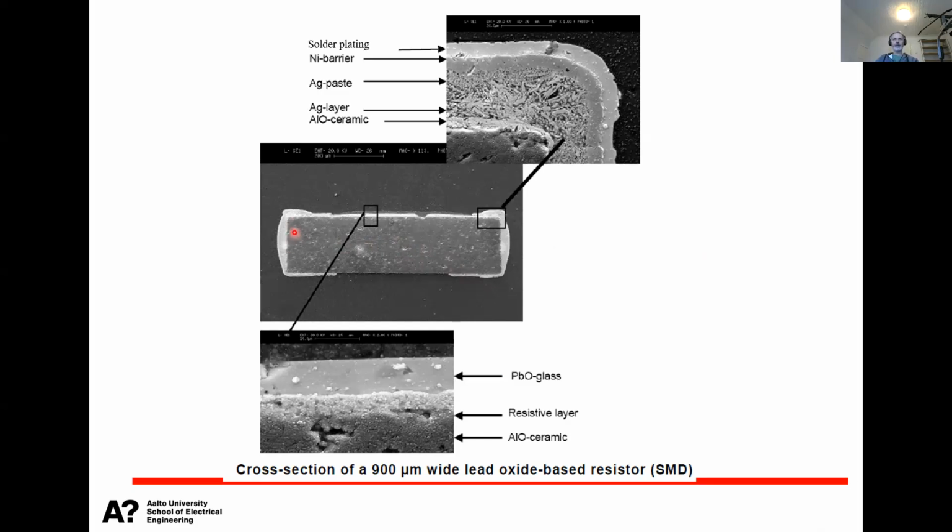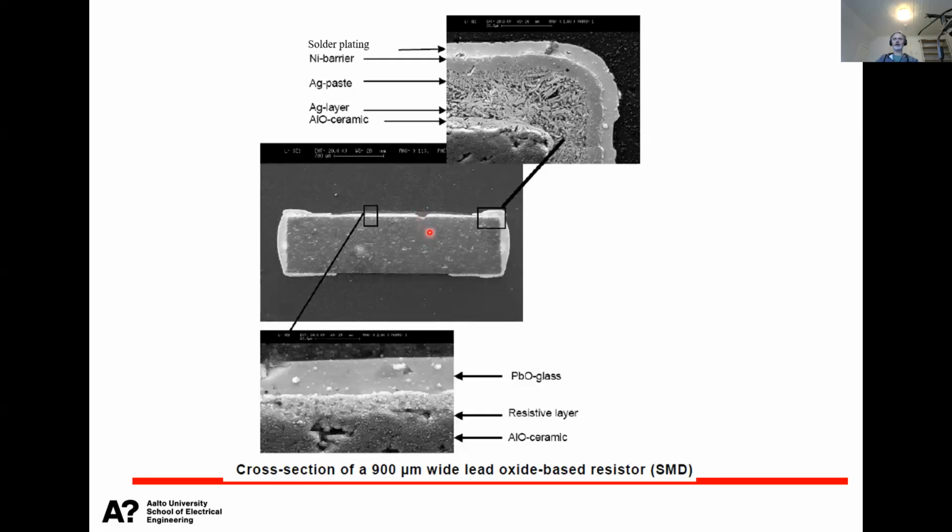And on top of that, the actual resistive layer has been manufactured. This could be thin film, so something like evaporation or sputtering, or thick film like the screen printing method. And you can see here this small groove, and that is not a defect. It is because of laser trimming.